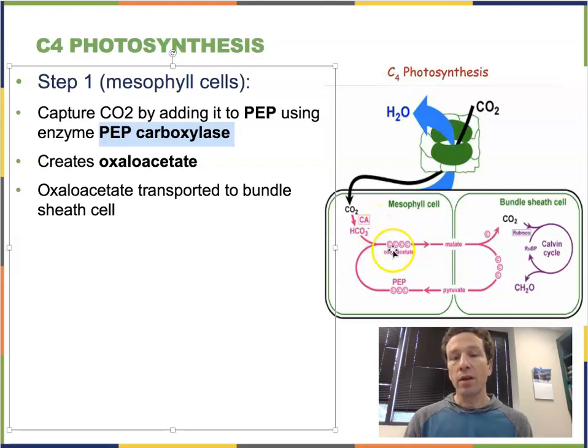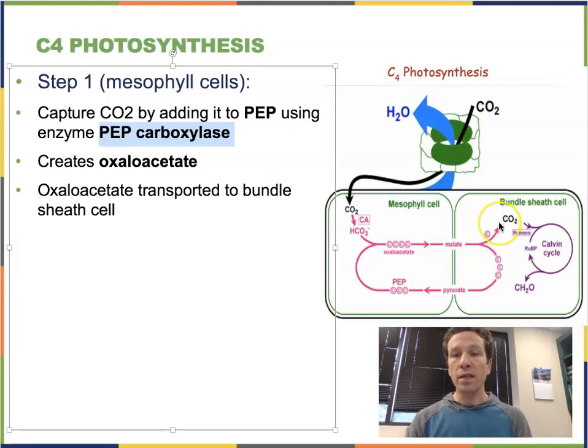So now let's go on. We've got our 4-carbon oxaloacetate, and let's see what happens. It will be transferred through a plasmodesmata, or I should really refer to it as a plasmodesma singular, but either way, it is transferred through an opening into the adjacent bundle sheath cell. Here, our 4-carbon compound is going to break apart again.